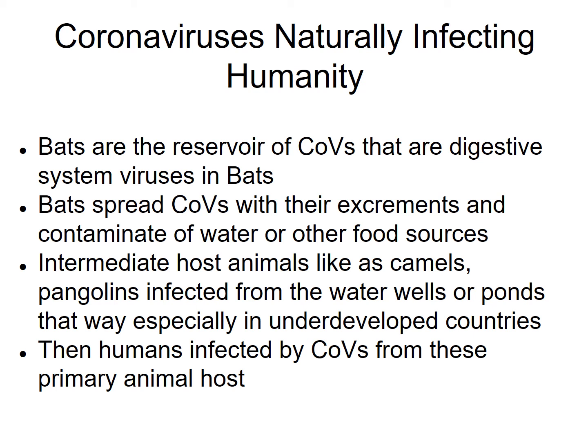So the excrements of the bats containing coronaviruses contaminate the water and other food resources, and intermediate animals like camels and pangolins are infected from those sources, especially in underdeveloped countries. Then humans are infected by coronaviruses adapted to these animals, and that's called zoonotic transmission.